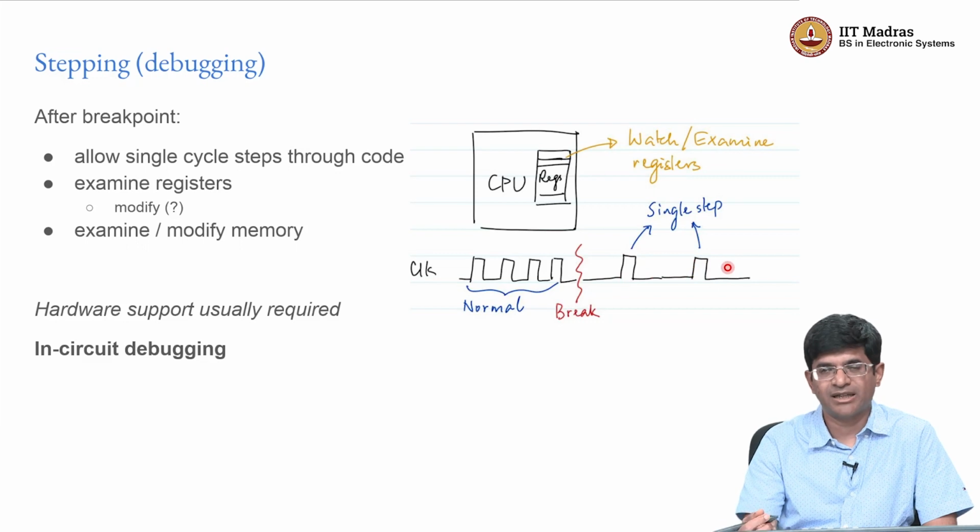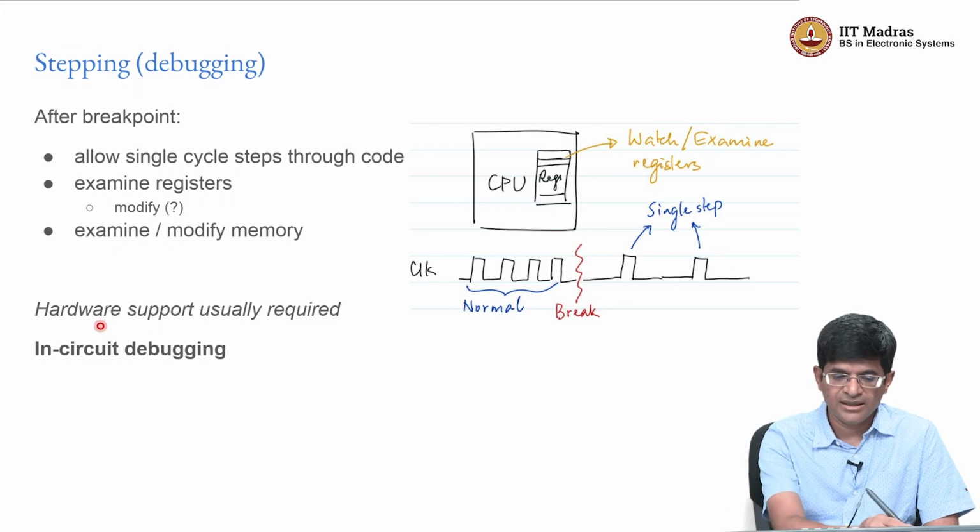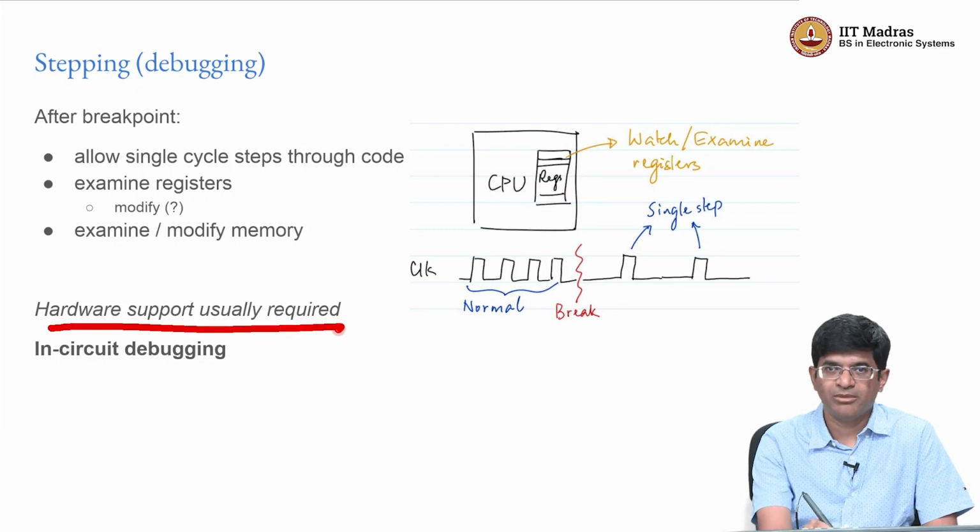In the meantime I can examine the contents of all the registers or anything else inside the CPU or the memory, provided that I have the right kind of controls put in place, right. And as this says, this can only be done with hardware support for the debugging.